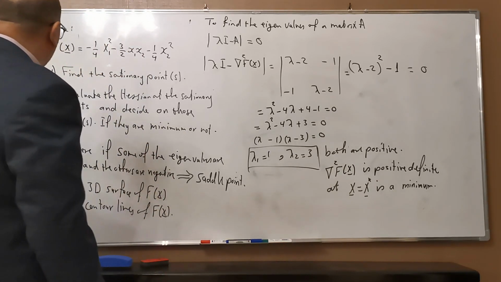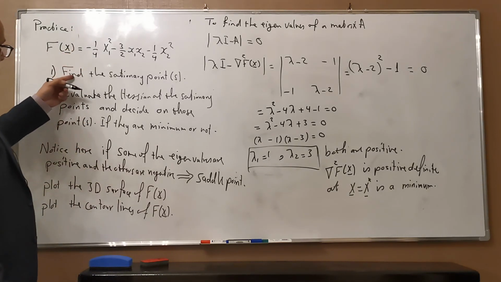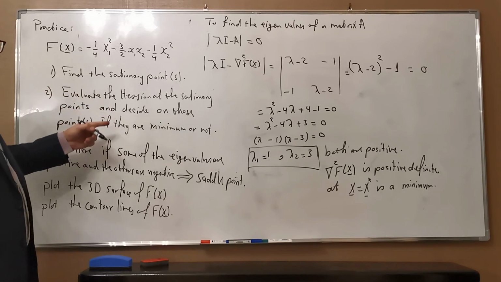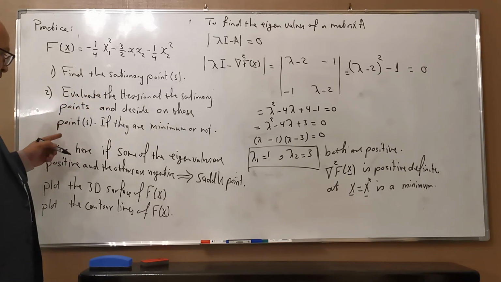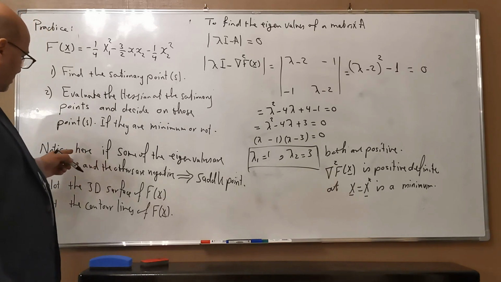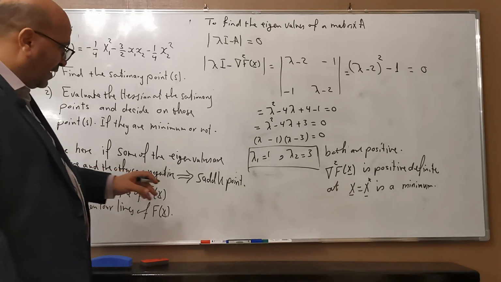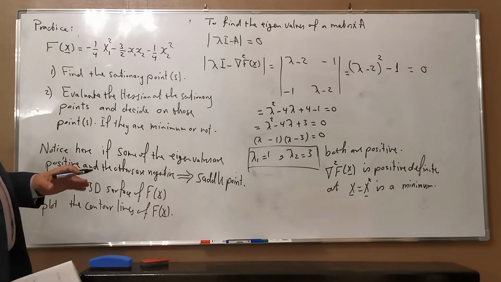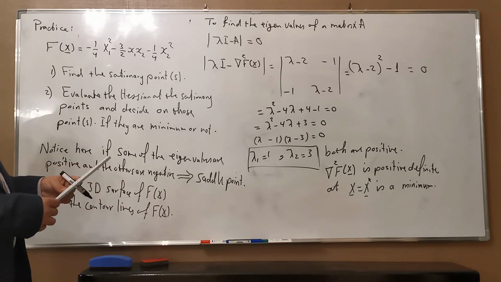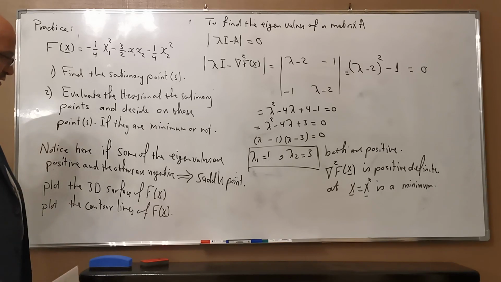Please do this exercise and examine this function, see the stationary points, evaluate the Hessian at the stationary point. You will find out that some of the eigenvalues are positive, some of them are negative, so we will have a saddle point. Plot the 3D figure, see how the saddle point looks, and examine the contour lines and see what happens.